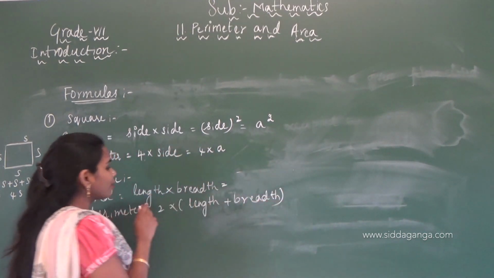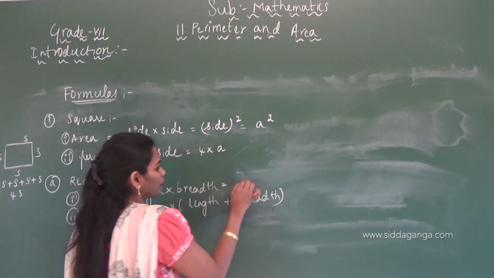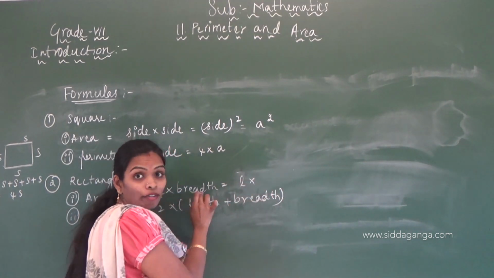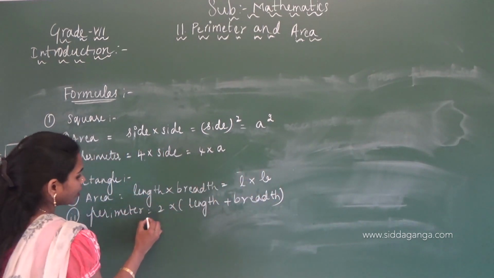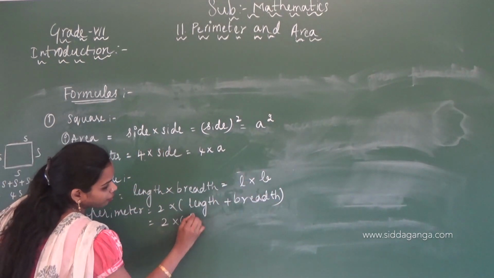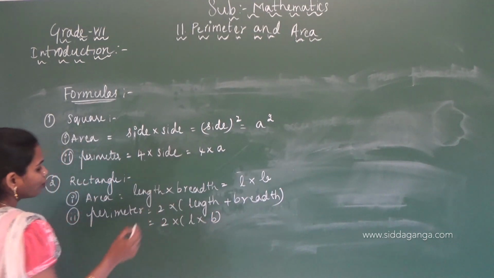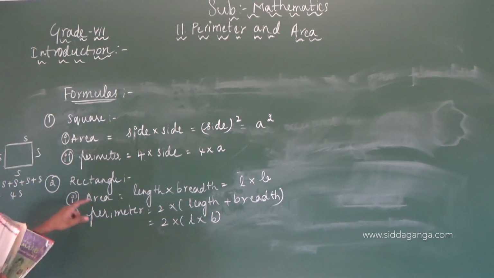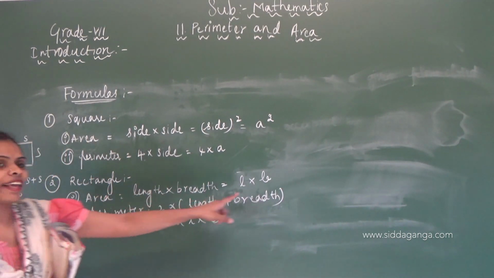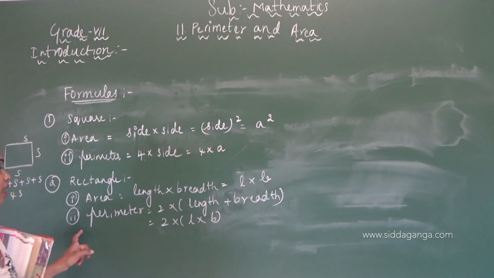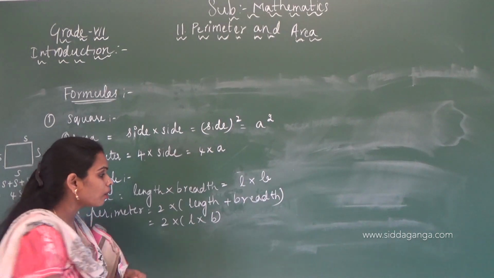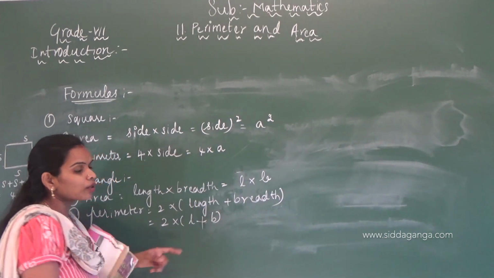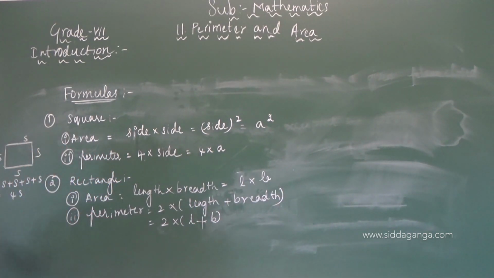In place of length we can take L, and in place of breadth we can take B. What is the area of a rectangle? L into B. What is the perimeter of a rectangle? 2 into L plus B.